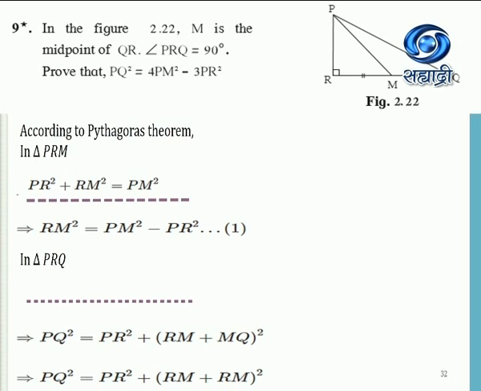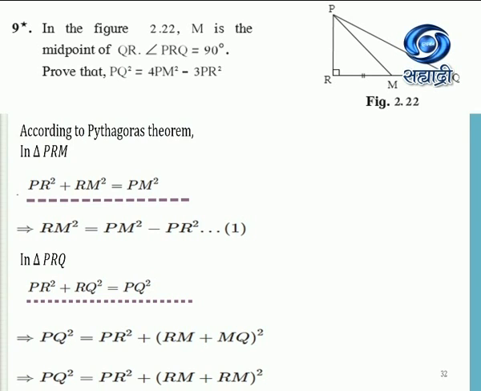If we think of the complete triangle PQR, as this is also a right angle triangle, here PQ is the hypotenuse, PR and QR are the sides making the right angle. So it will be PR square plus QR square, or RQ square, whatever way you want to say, gives us PQ square.